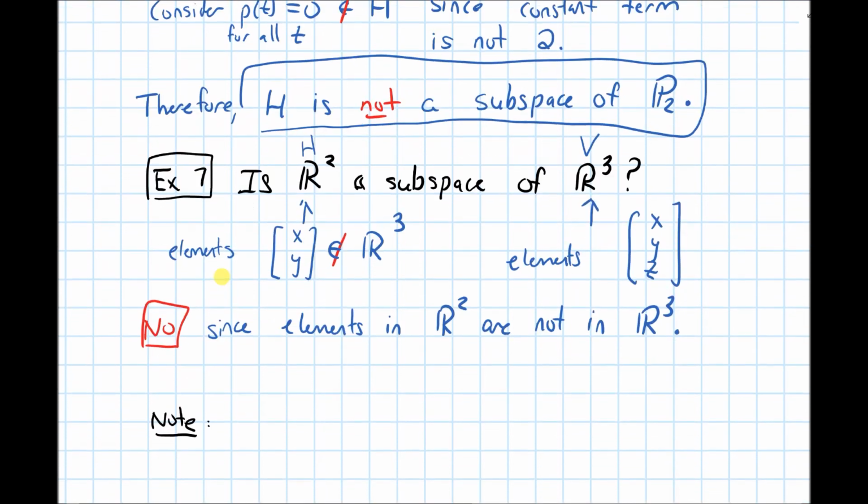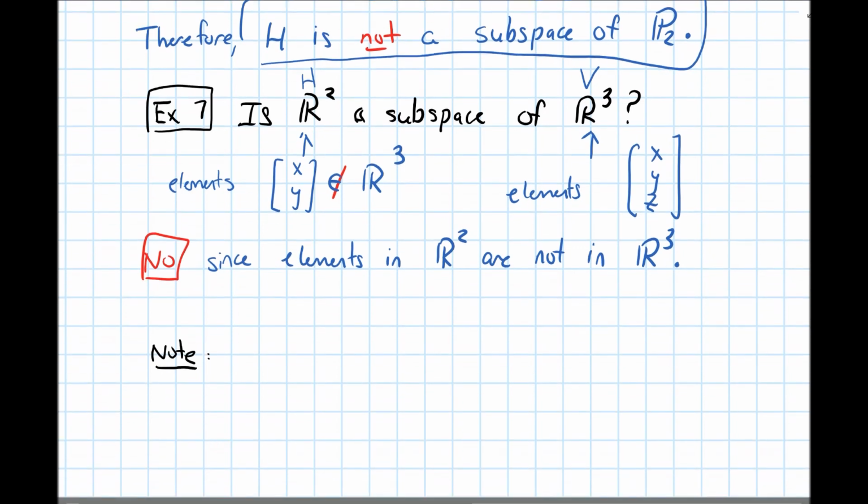Okay, there's one final remark I want to make about this example. There is a way to restate what this example is saying so that it is true, but I need to change what H looks like. I need to change H so that it consists of vectors with three entries.